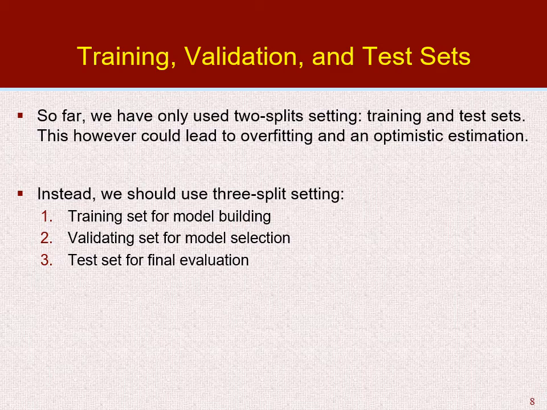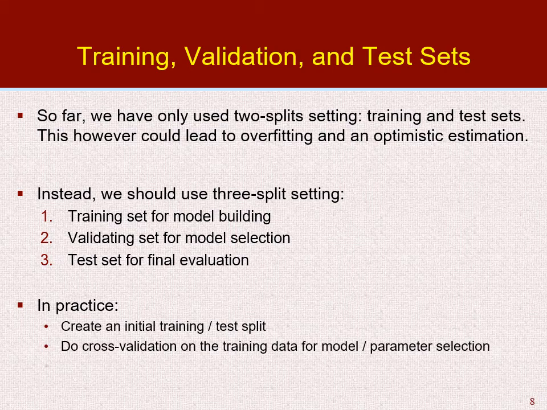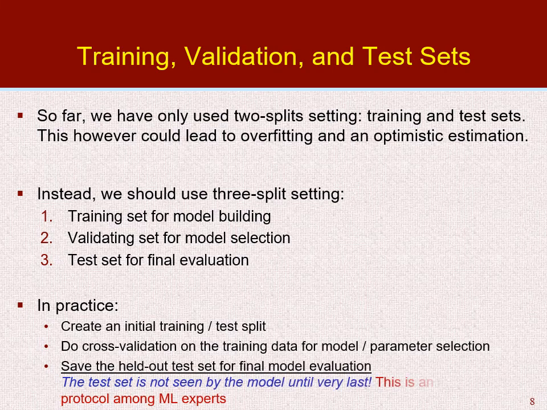In practice, this is how we can perform it. We can create an initial training and test split as we had done before, but we are going to hold out the test split and not use it until the very last. We're going to use cross-validation on the training data for model selection and parameter tuning.